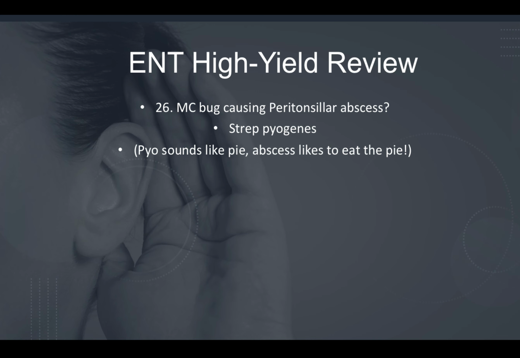They like to eat the pie, pyo. I would just look for pyo in the answers section, and usually there's only one strep pyogenes. They're going to list strep pyo, Pseudomonas, strep pneumonia, and something else. People with abscess like to eat the pie. Abscess likes to eat pie, strep pyogenes. Muffled hot potato voice should make you think of peritonsillar abscess.